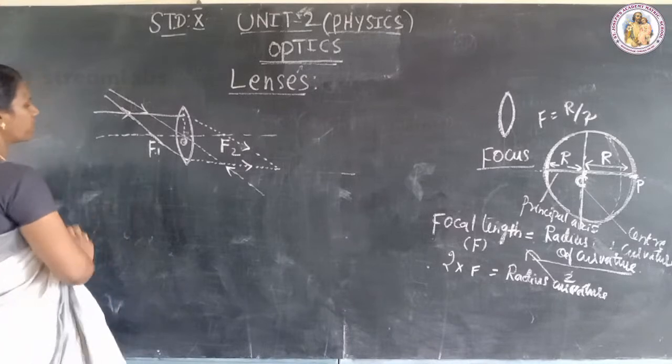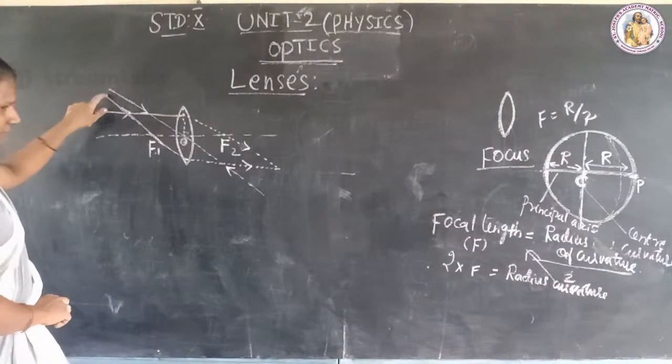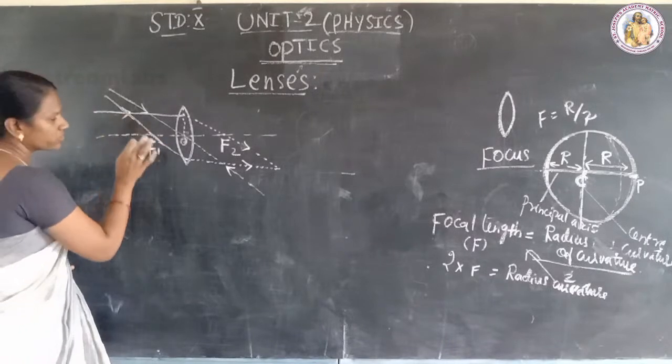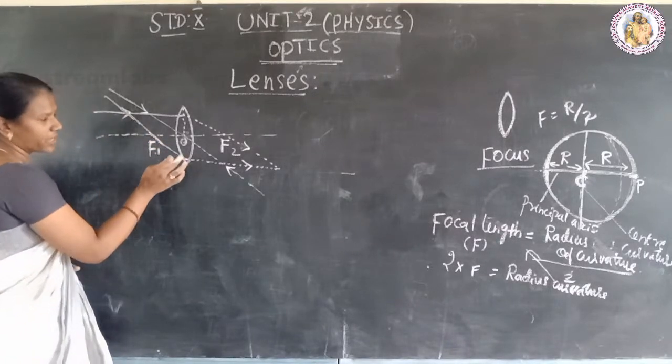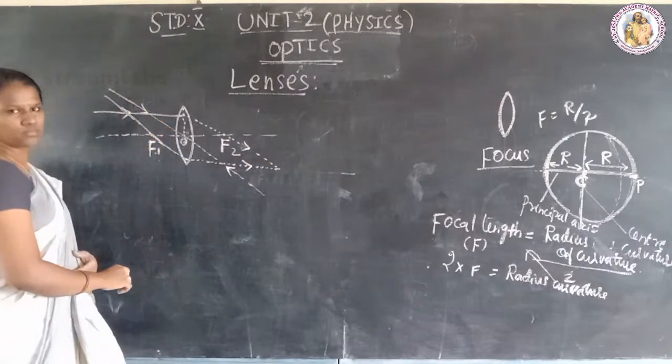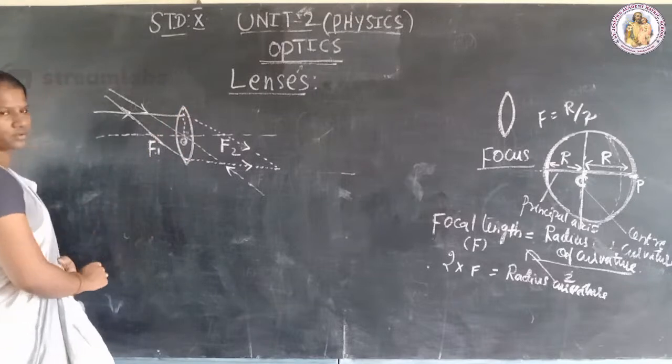And what about if the ray passes through the focus point F? After it is refracted, the refracted ray is parallel to the principal axis. This is vice versa.